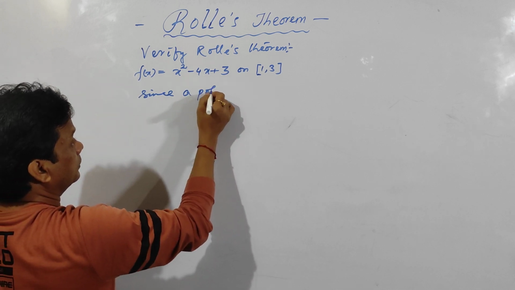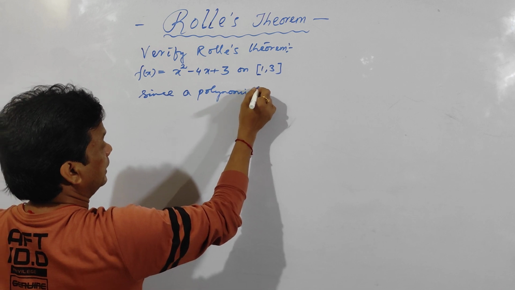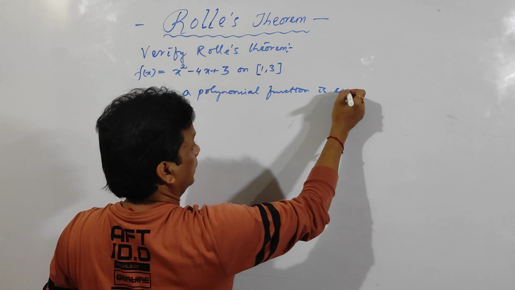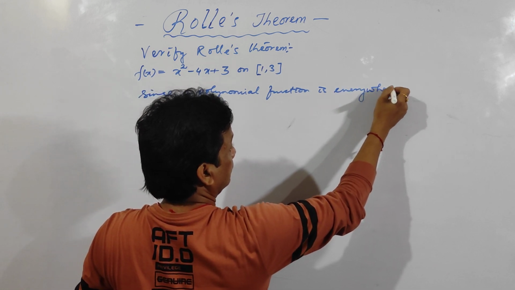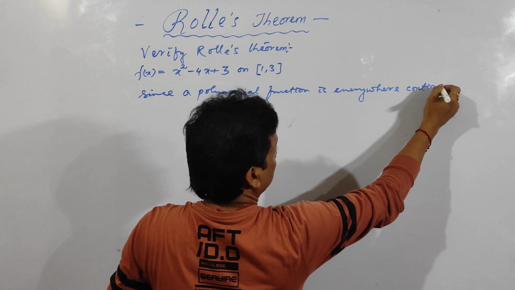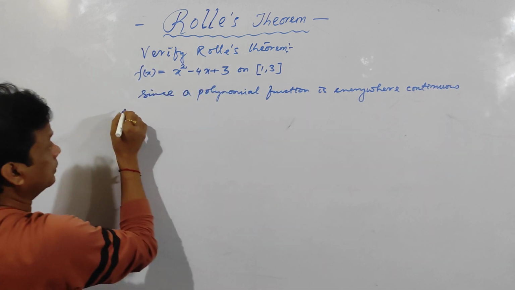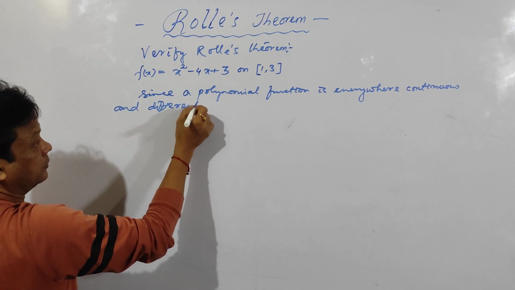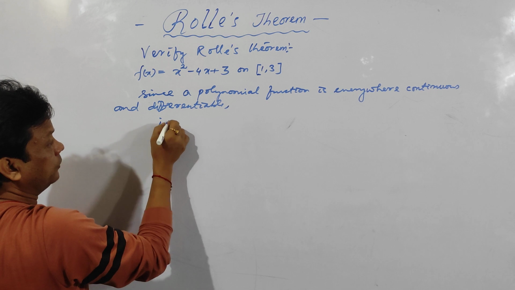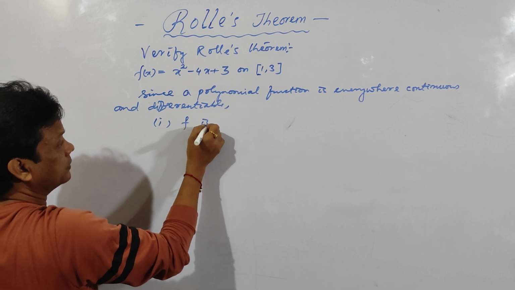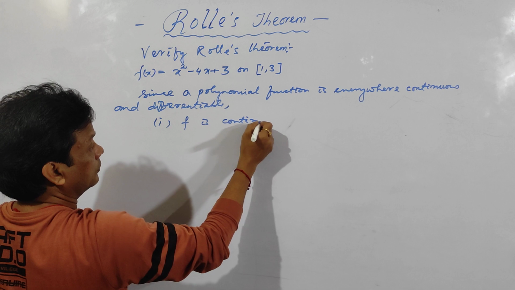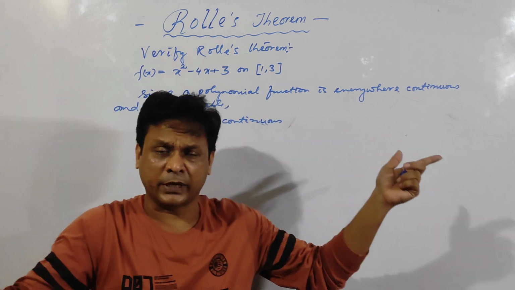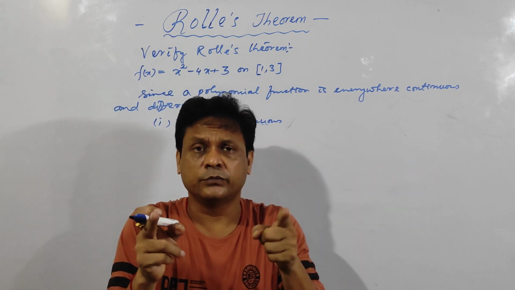Okay, see here. Now since f is a polynomial function, you should write like this: it is everywhere continuous and differentiable. So f is continuous everywhere, so it is also continuous in the closed interval.